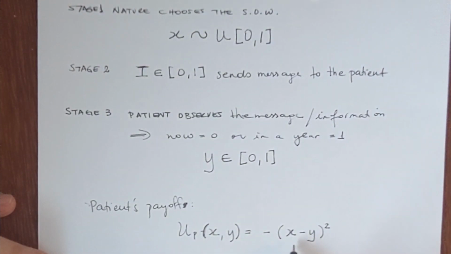This utility function is called a loss function that minimizes the mismatch between his action and the true state of the world, where the maximization of the function is the minimum.